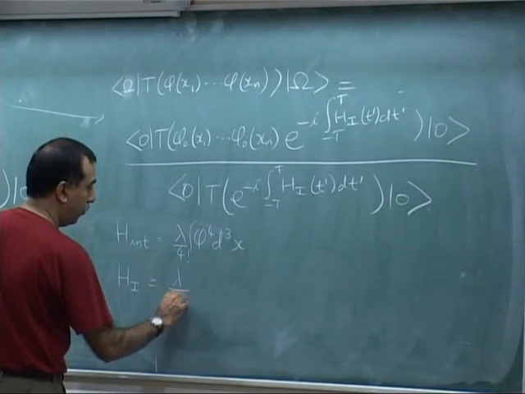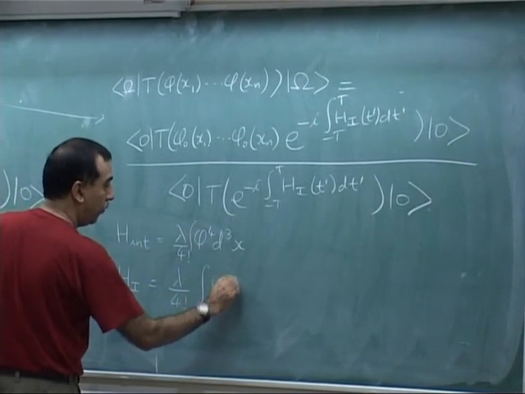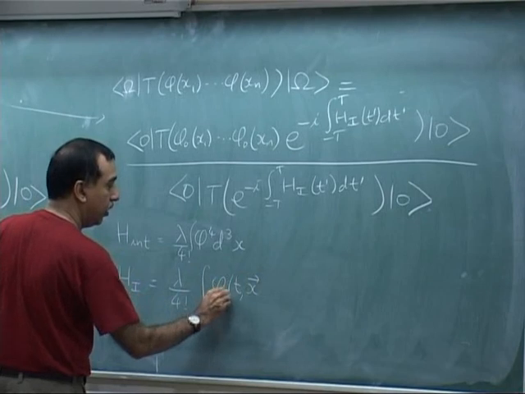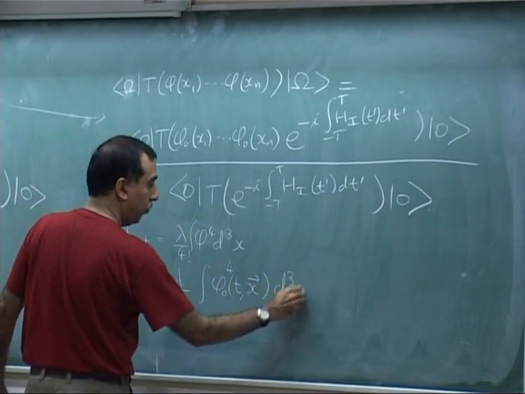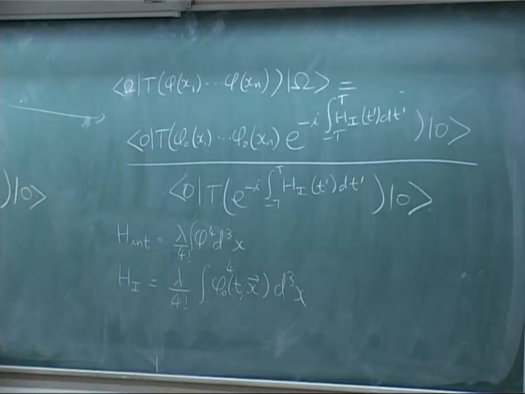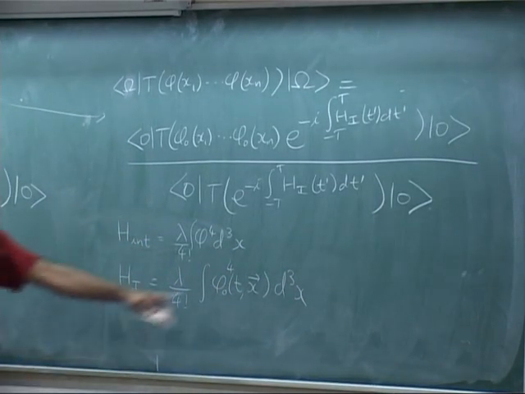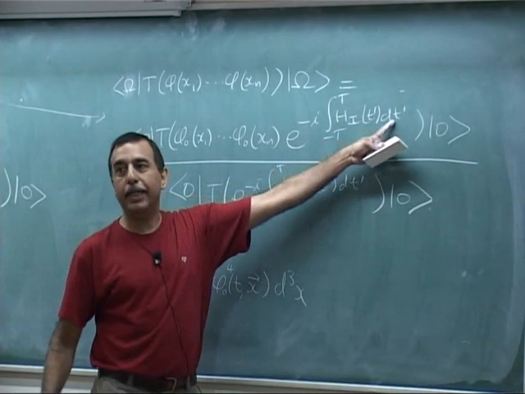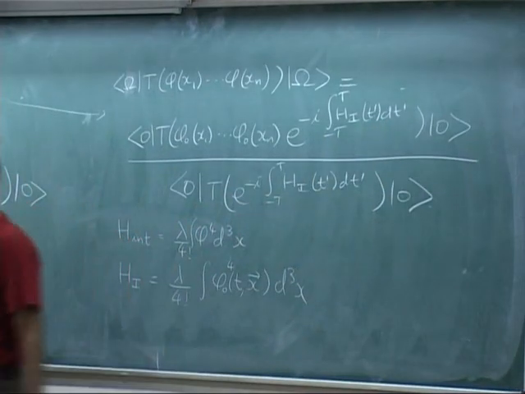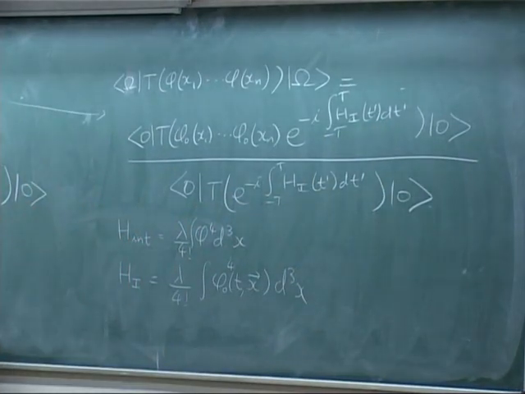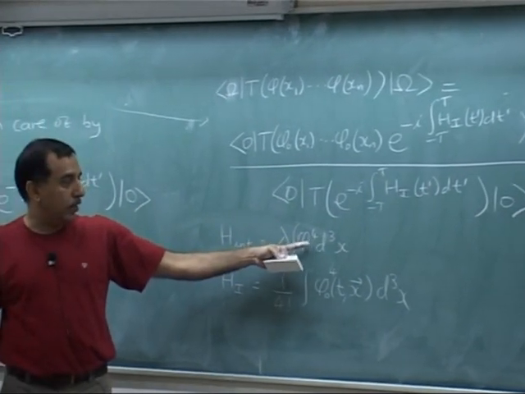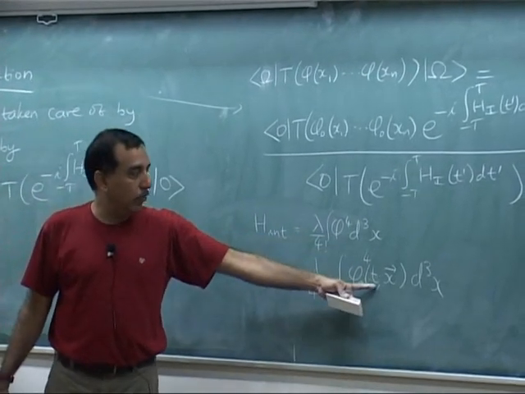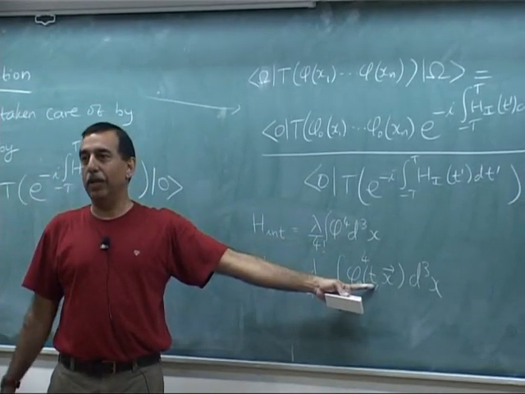So it's lambda by 4 factorial, integral of phi naught of t, n x, to the fourth, d3x. And after d3x, there's also an integral in dt. So finally, it will just be the integral over d4x of this thing. Right? Because the field phi at a fixed time t equals 0 evolves into this under the free Hamiltonian.